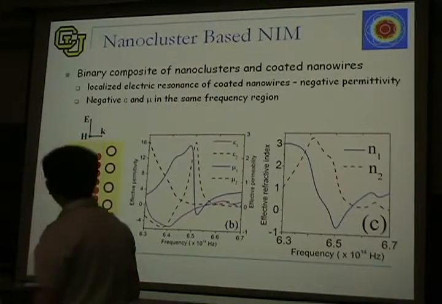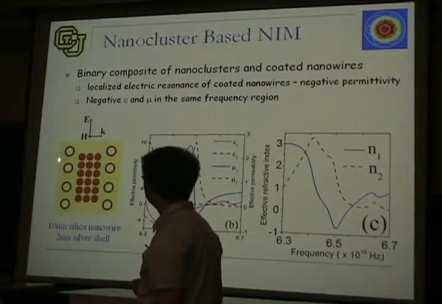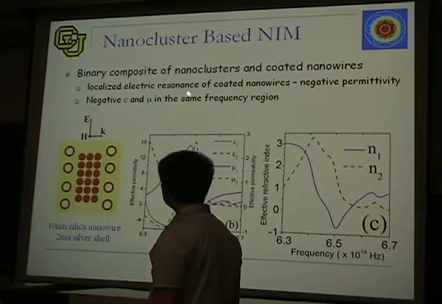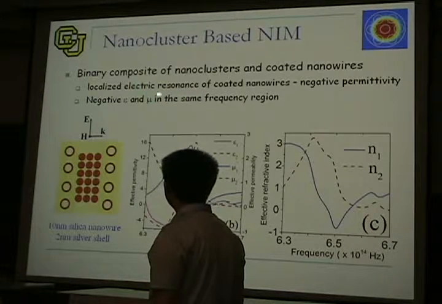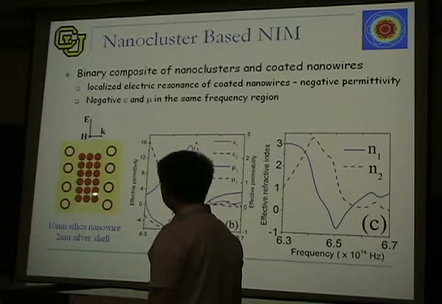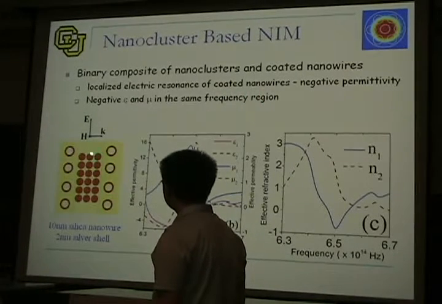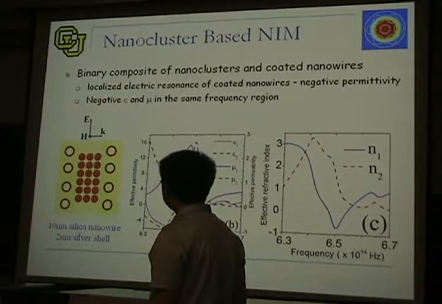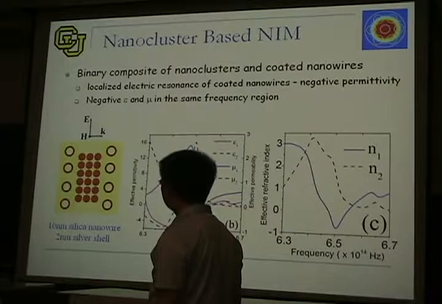An alternative way to realize negative index materials is to use, other than the plasma response of a metal, the electrical resonance of so-called coated nanowires. As an example I show here, this is the same nanocluster I just used before, and those are silver-coated silicon core nanowires.